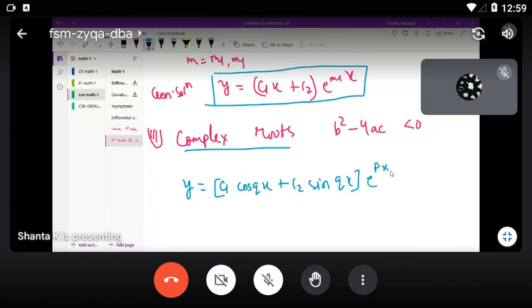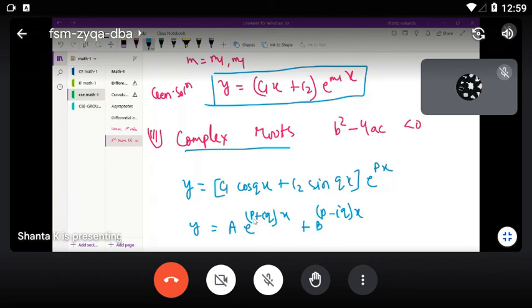Or simply, you can also say directly, A e power (p plus iq)x plus B e power (p minus iq)x, where p plus iq and p minus iq are the roots of the auxiliary equation.